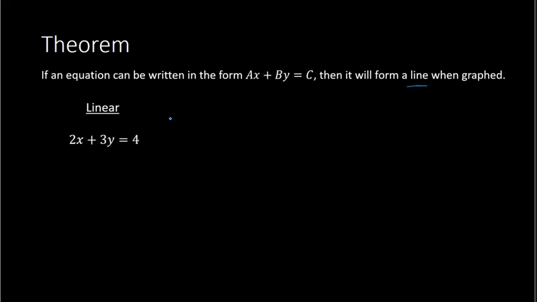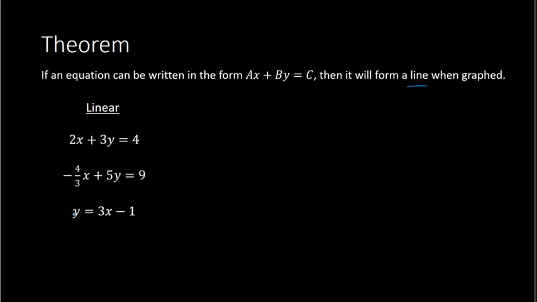Now, a, b, and c could be fractions or negative or decimals or whatever. So here we have another example. Negative 4 over 3 x plus 5y equals 9. This would also be linear because we have ax plus by equals c. y equals 3x minus 1 would also be linear because we have something with the y and then something with the x and then a number.